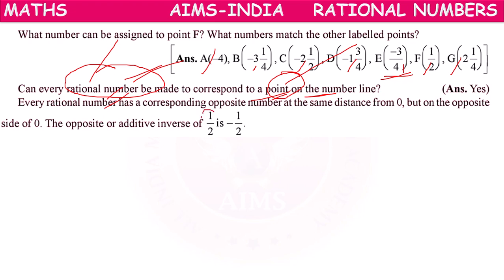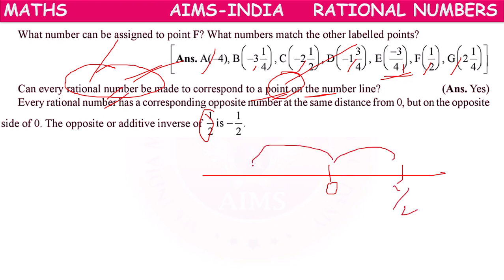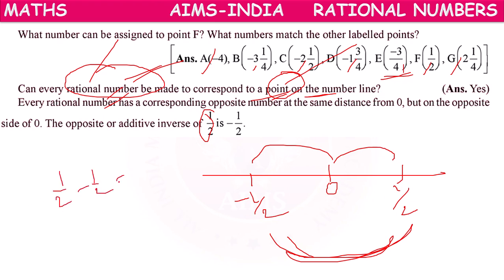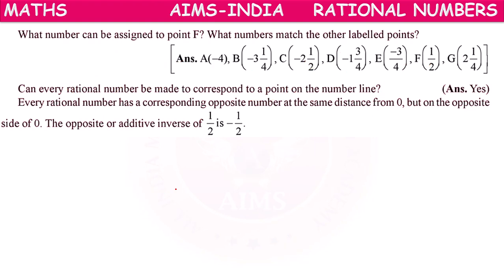For every 1 point on the right hand side, exactly at the same distance, the corresponding point will be on the left hand side, but both of them will be additive inverse to each other. Means if we add both of them, the value will be 0. So like that, all rational numbers will be located on the number line.